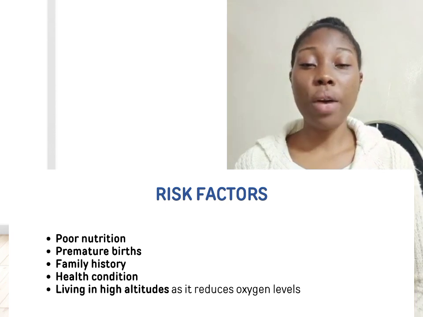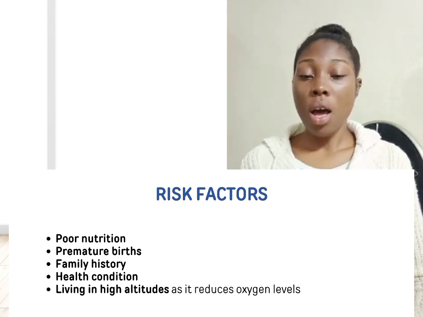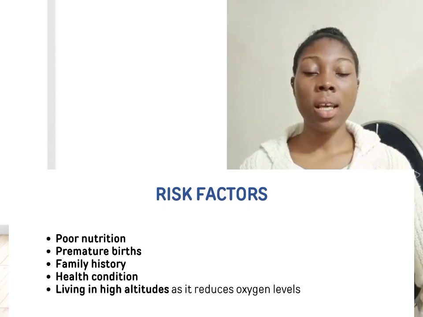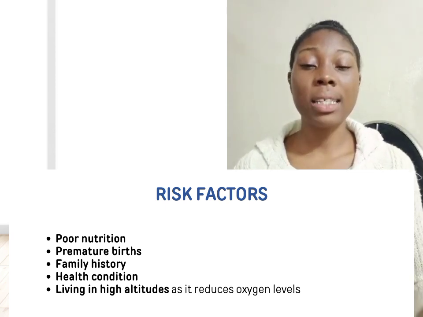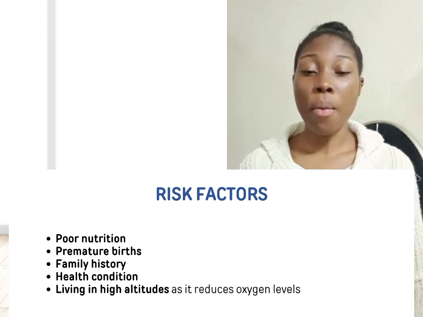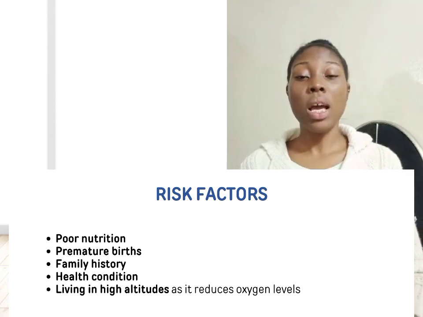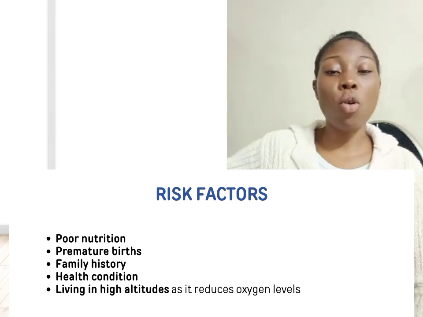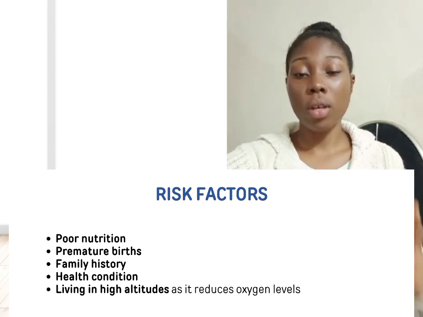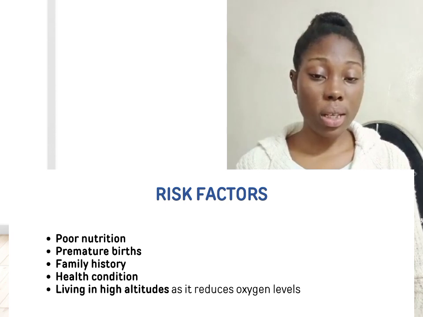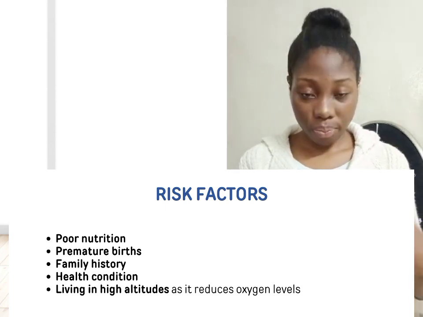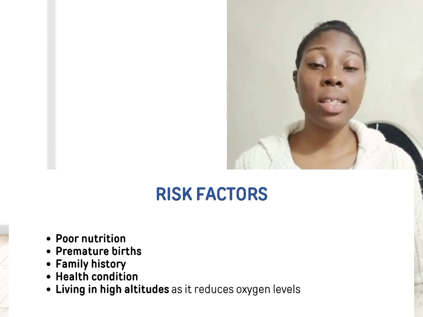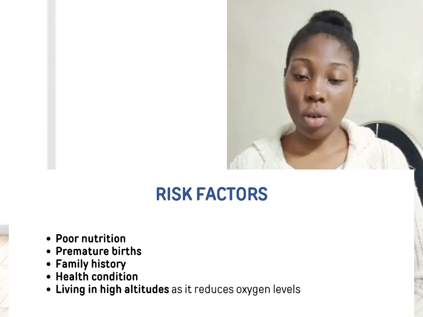As another point under risk factors, we also have environmental conditions, where if the environment has a condition that allows breeding space, for example for mosquitoes, this is going to cause a high rate of malaria, and malaria can cause the hemolytic breakdown of red blood cells, causing anemia. We also have infections. We also have living in high altitudes, as this causes reduction of oxygen.